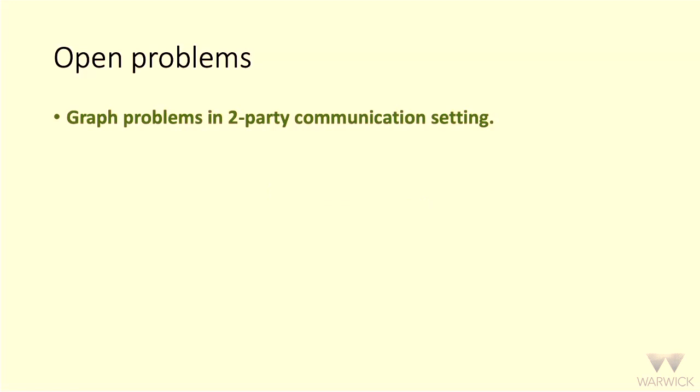So the first is what I think is an exciting area of looking at, which is graph problems in two-party communication. Just this, no other motivation. I think two-party communication complexity is fundamental enough for us to study many graph problems, especially since the computation that we are increasingly looking at is a distributed model of computation.